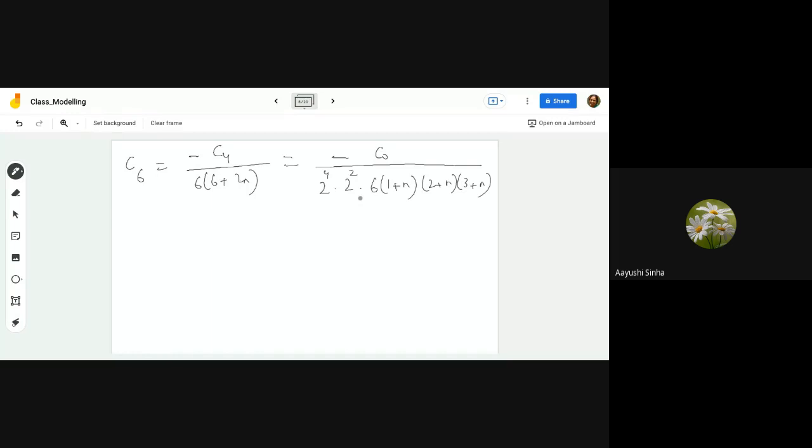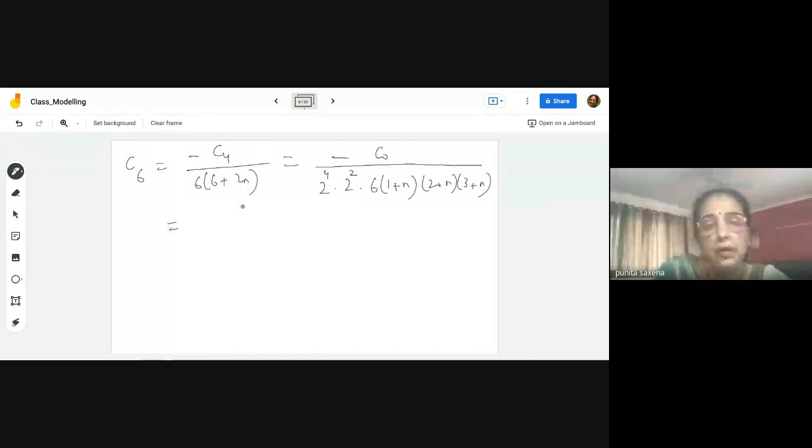Yes, ma'am. Now, that means can I write it as minus C naught upon 2 to the power 6? Now I have a 6 here, right? Which is actually nothing but 3 factorial, right? And then I have 1 plus n, 2 plus n, 3 plus n.